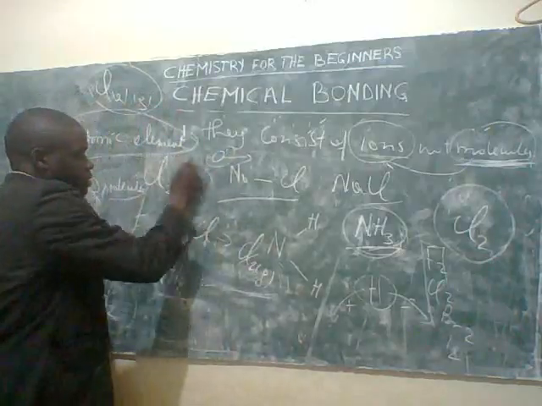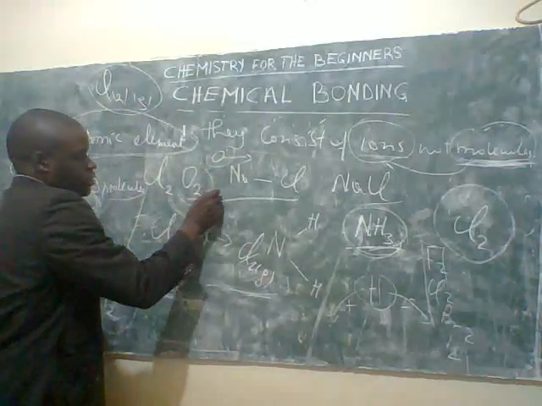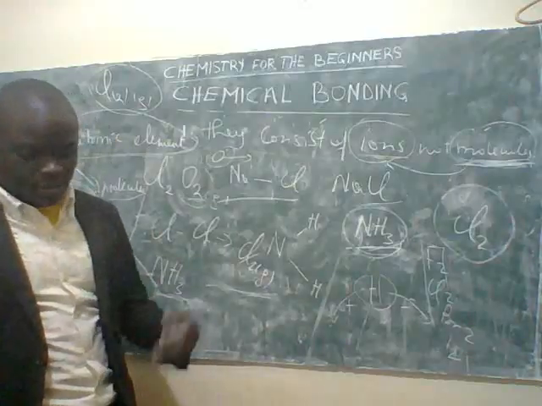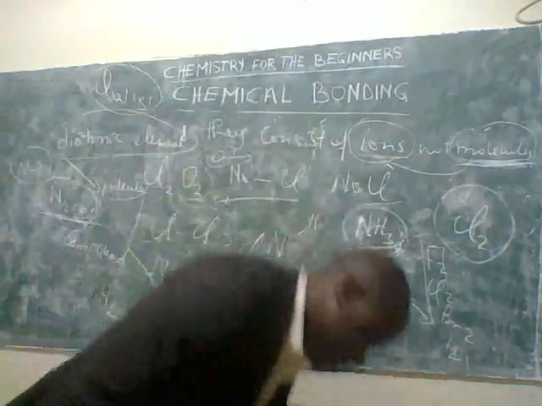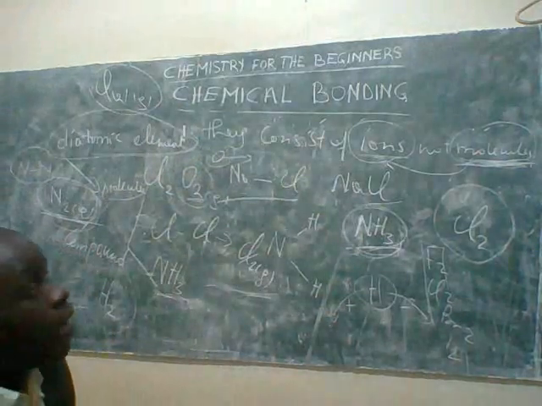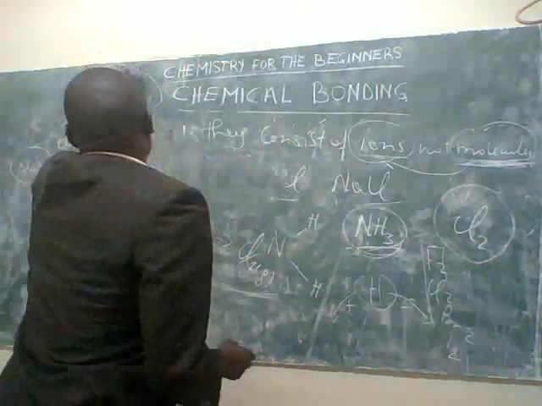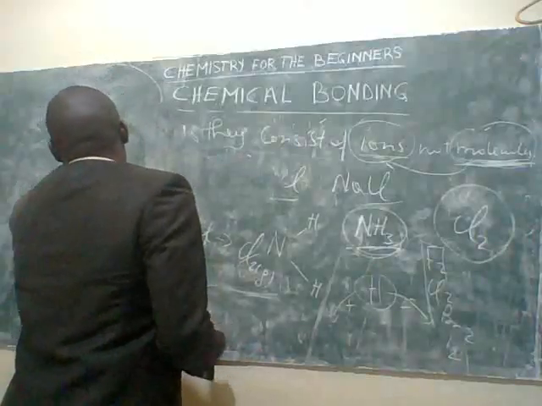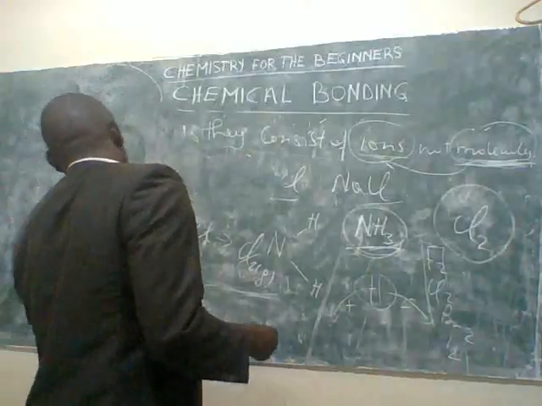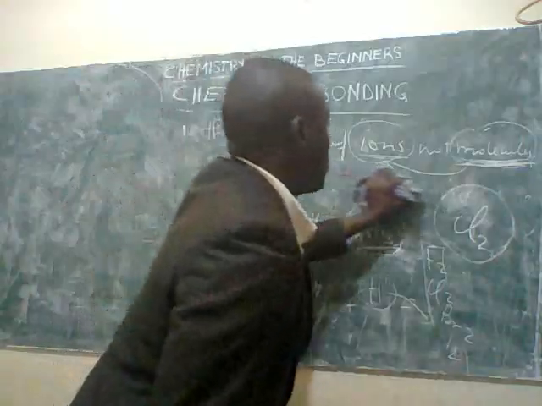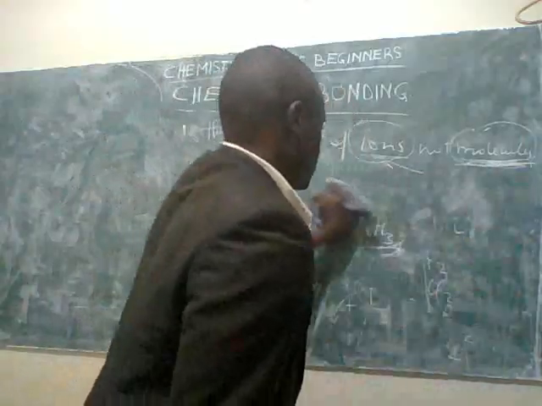But when it is alone, it is always oxygen gas, a gas behaving like this. So this is the first characteristic property of ionic compounds.